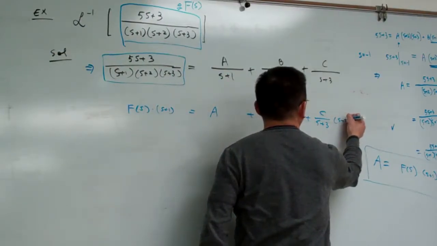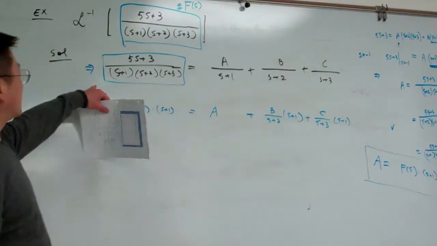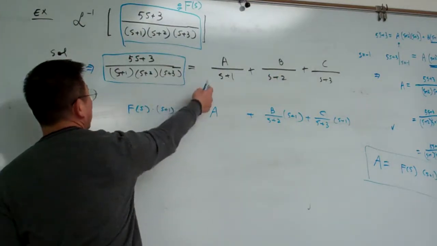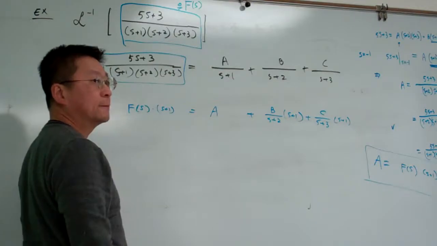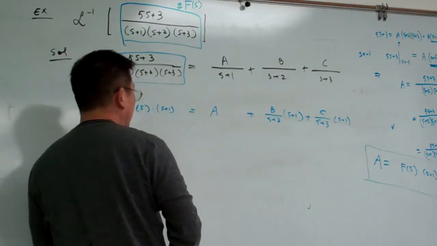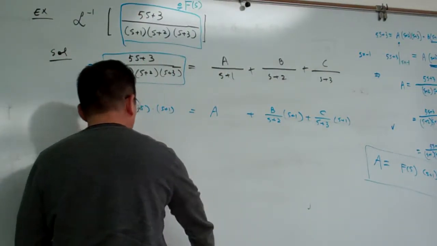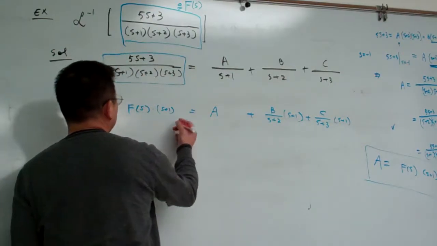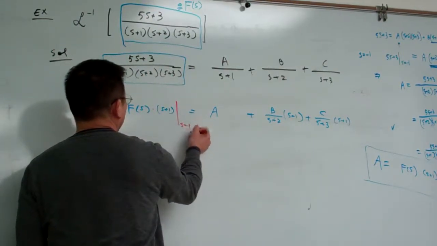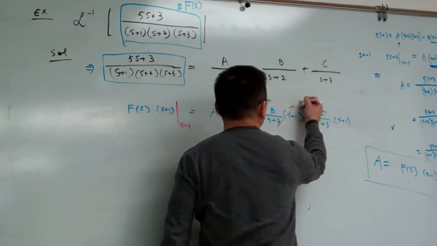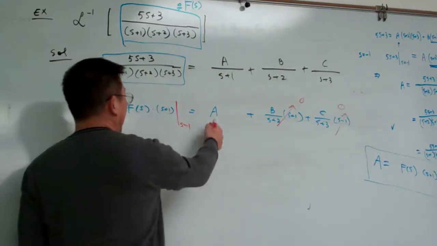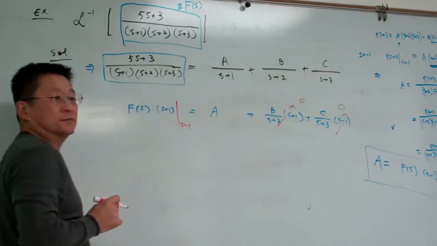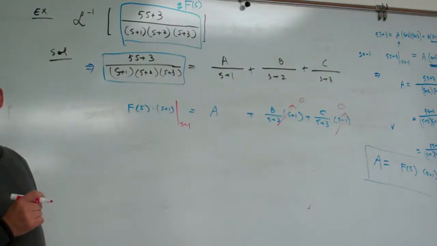So the operation is this: we simply multiply both sides with the associated denominator factor for A. Under this situation, you can see if we set s equal to minus 1, then this term is 0, this term is 0. So that means A is simply equal to this. Okay?